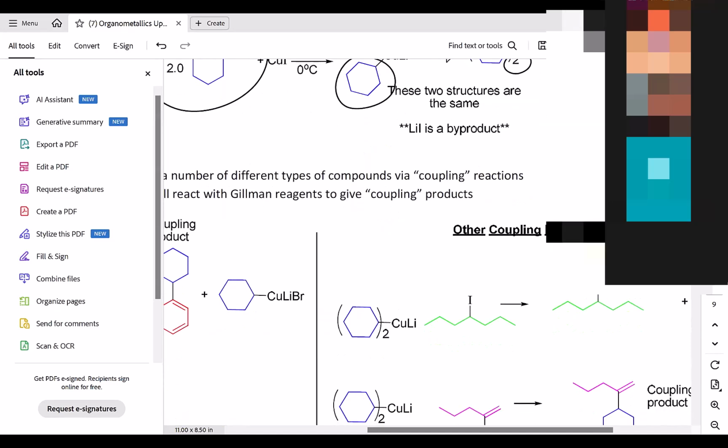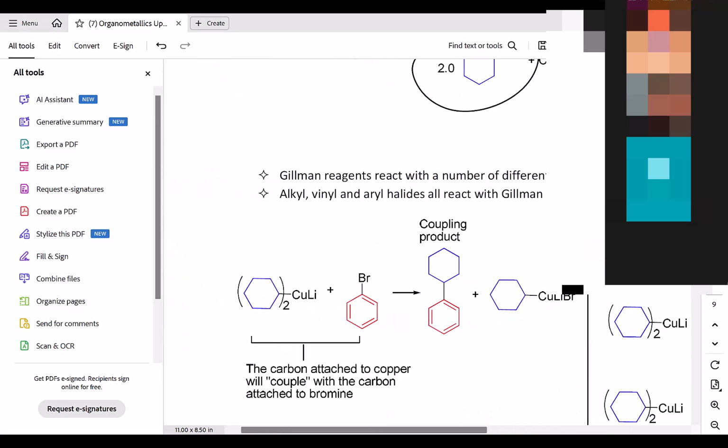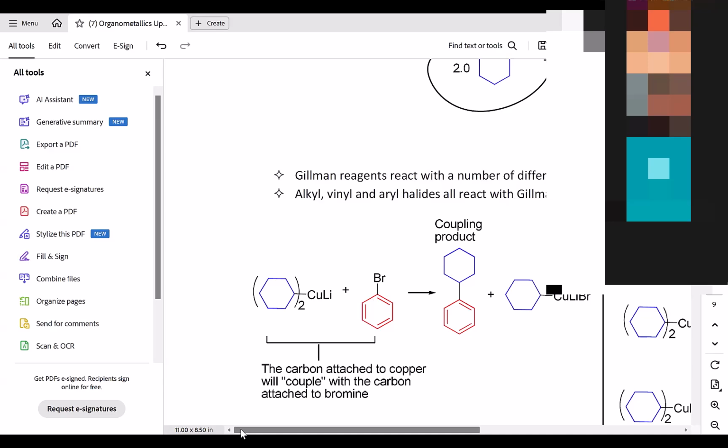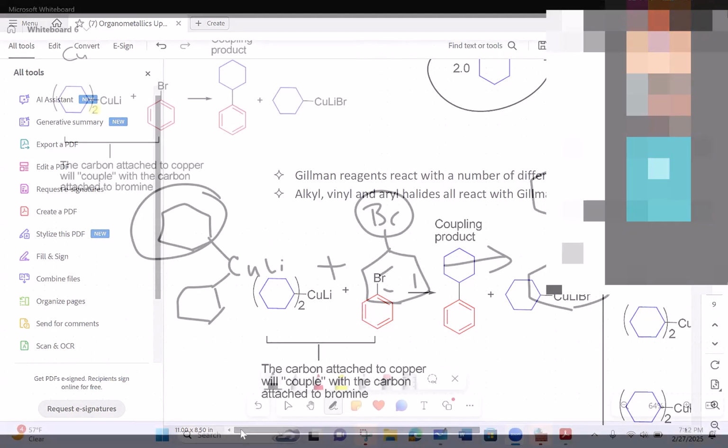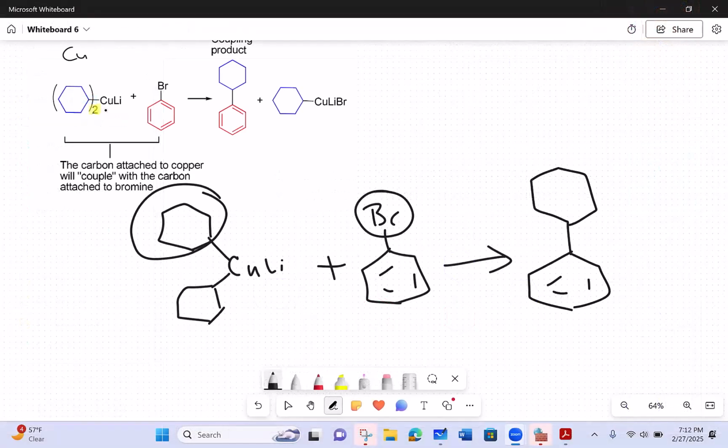So if you look right here, let's say for this reaction, here's my cuprate, or I can draw it out. Okay, you got the copper with the subscripted 2 telling you that you got 2 groups attached to that copper. It's the same thing.